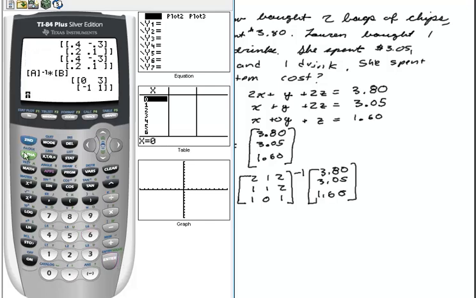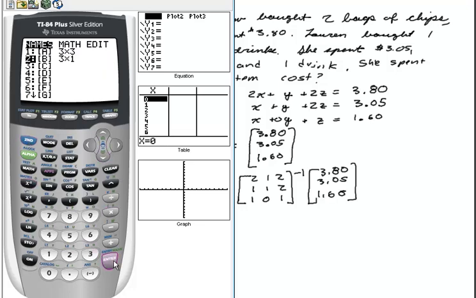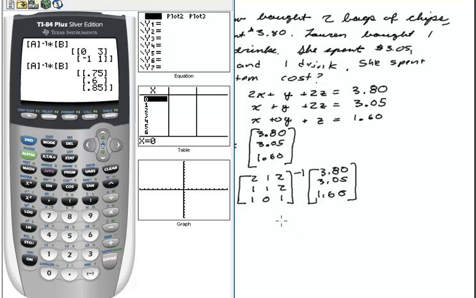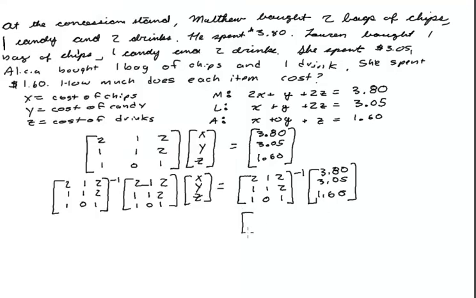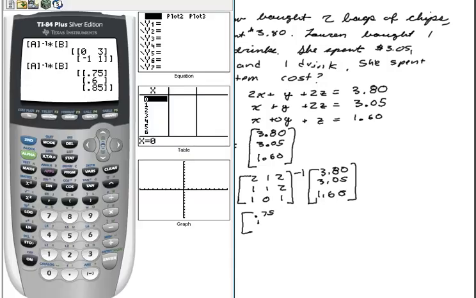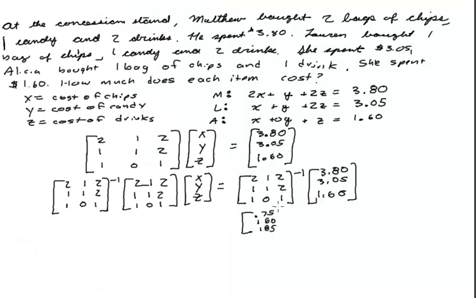Now I'll go back to my home screen, and I'm going to take matrix A inverse times matrix B, and there's my answer. So 0.75, 0.6, 0.85. Okay, so there's my answer matrix.